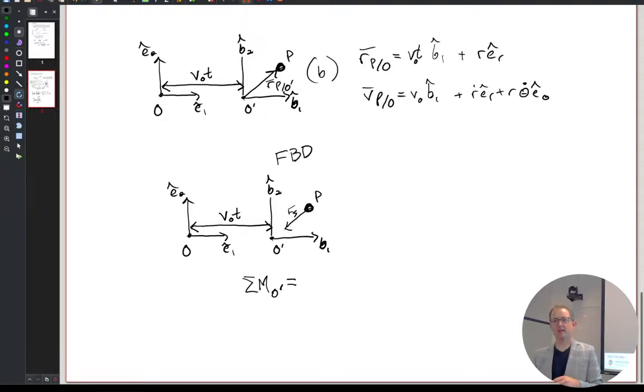Yeah. It's like a perpendicular component of force times its radial distance to that coordinate. I think that one was R times F times sine alpha.